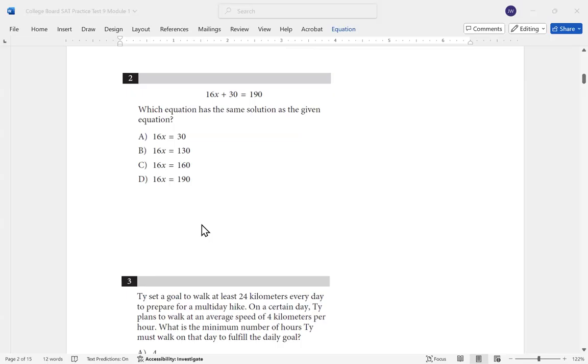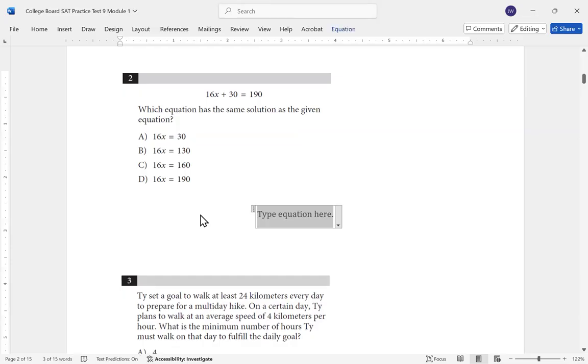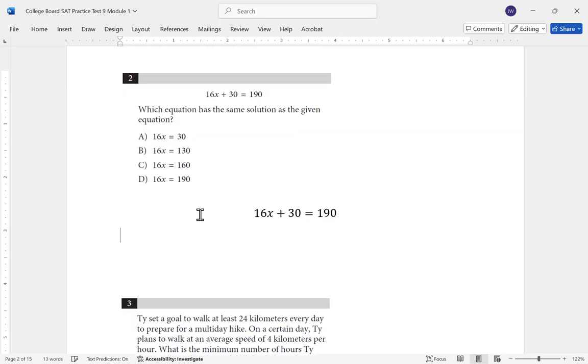Question 2. Which equation has the same solution as the given equation? So we're given an equation, 16x plus 30 is equal to 190. We're going to subtract 30 from both sides. We get 16x is equal to 160 when I do that.